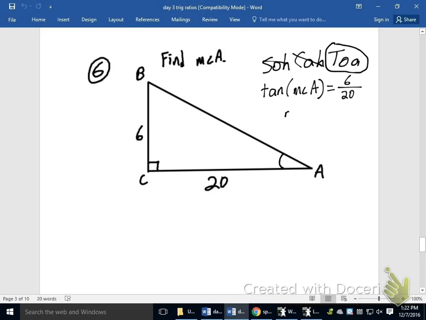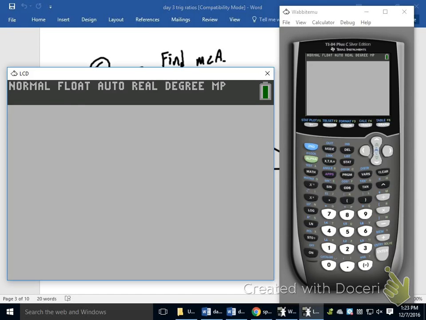Again, to solve for the measure of angle A, I will use the tangent inverse. That is on the tangent key on your calculator. You just have to hit second before you type it in. So now I'm ready to type that in. X is equal to the tangent inverse, so second, tan inverse. Again, I'm hitting that second key, then hitting tangent, of 6 over 20.